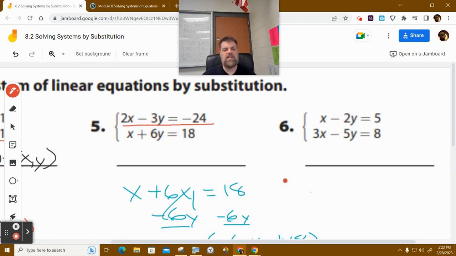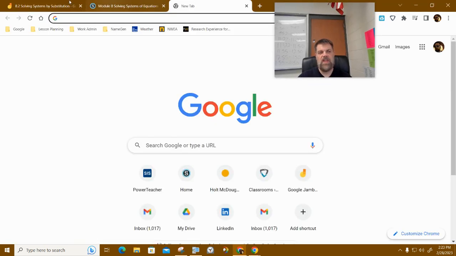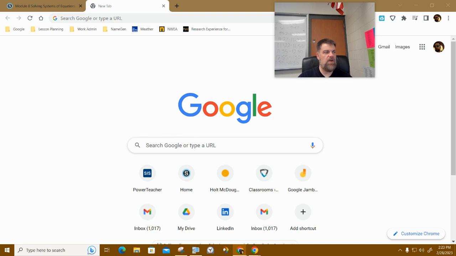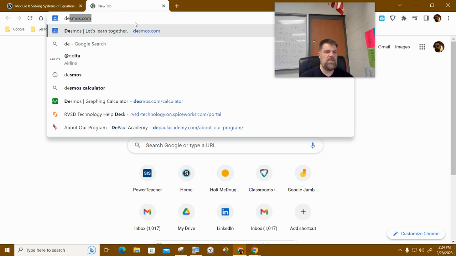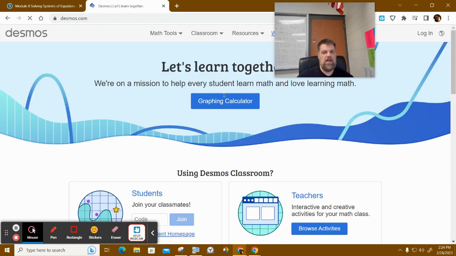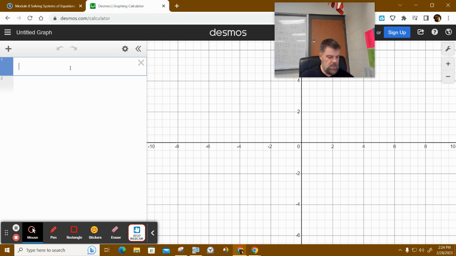How can I double check that before I go any further? I could use my teacher book, but you know what I'm going to do? I'm going to graph this in Desmos and see if that seems about right. So I'm going to say Desmos graphing calculator, and I'm going to say 2x minus 3y is equal to negative 24.